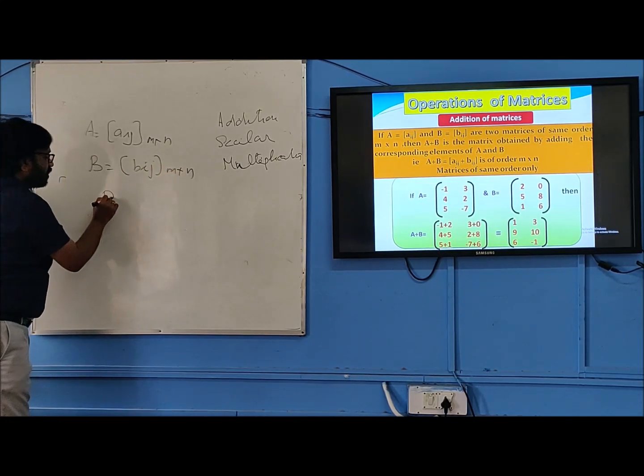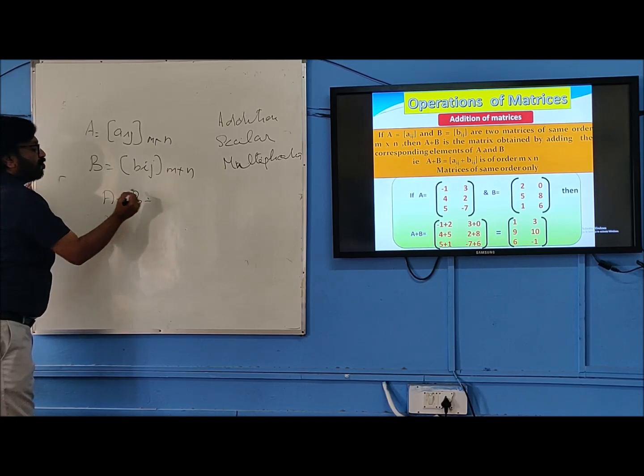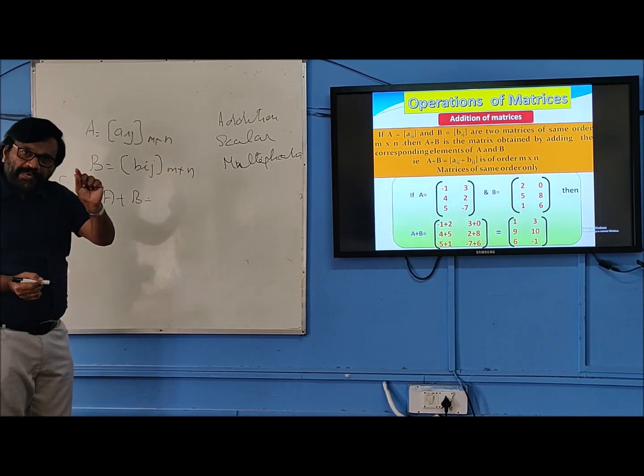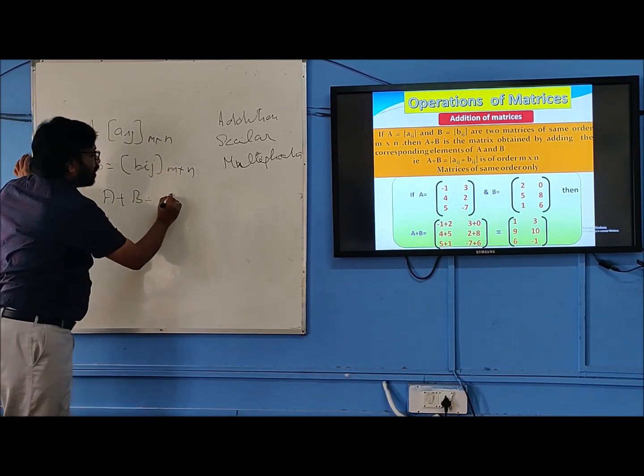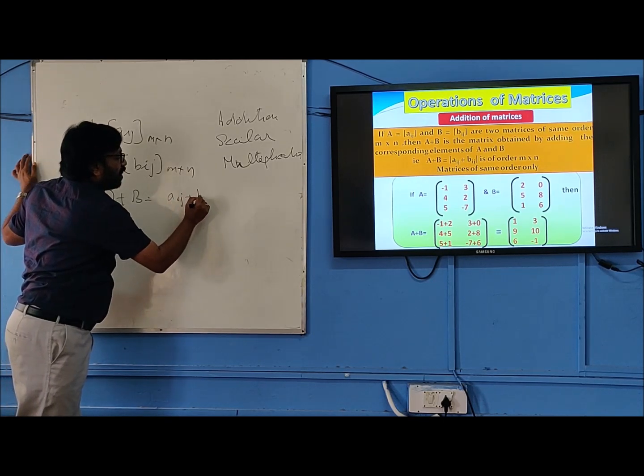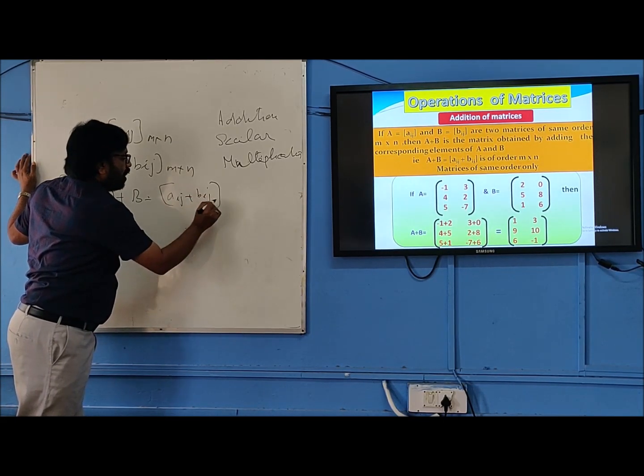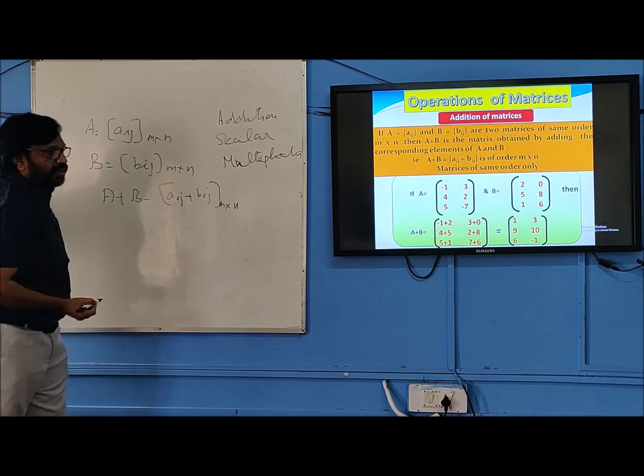Then A plus B is the matrix of the same order obtained by adding the corresponding elements of A and B.